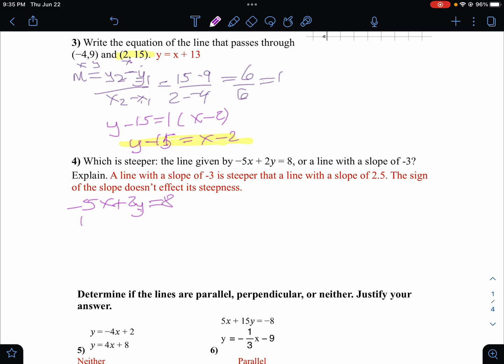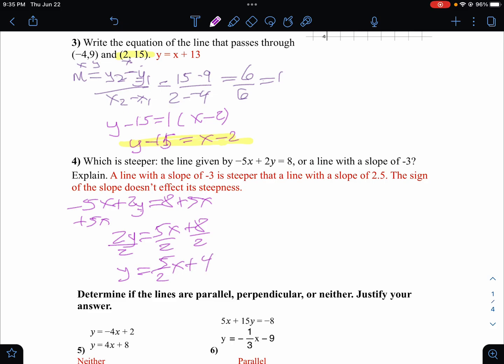I'll add 5x to both sides. I like to write it in y equals mx plus b, so I'll say 5x plus 8. I'll divide everything by 2, so y equals 5/2 x plus 4.